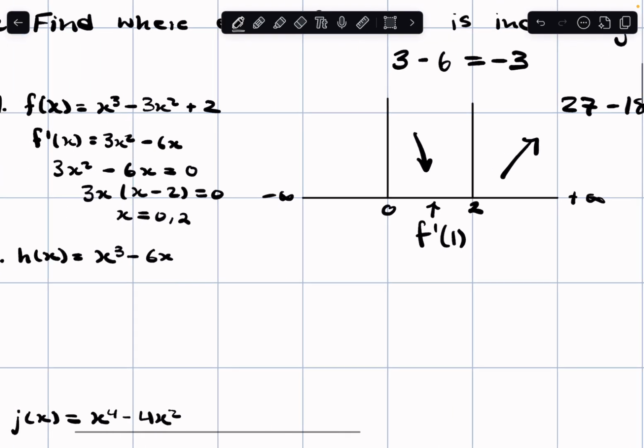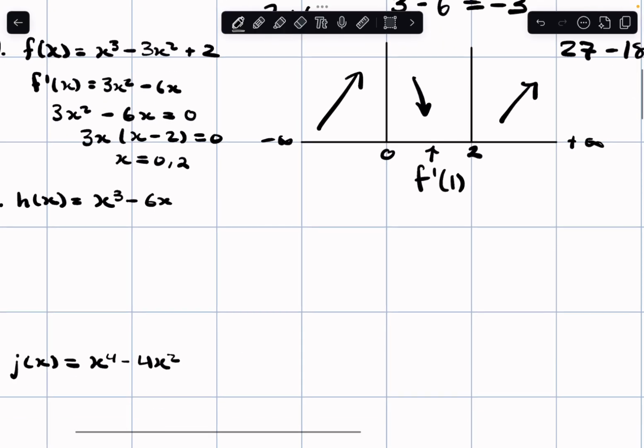Same case with negative infinity to 0, where we will plug in negative 1. Negative 1 squared times 3 is 3, plus 6 is 9, which is greater than 0, so it's going to be increasing.